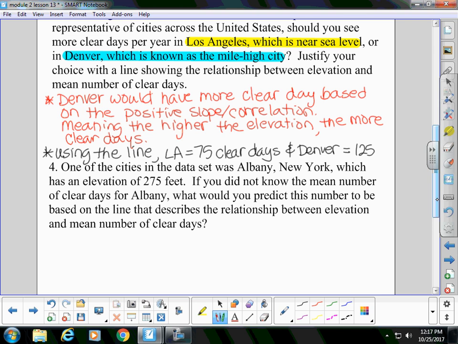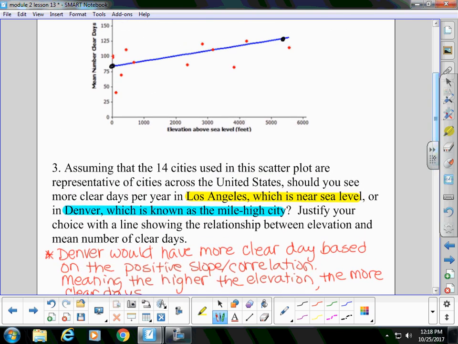What we want to do is approximate where 275 would be. So 500 would be in the middle, and 250 is approximately halfway to 500. So 275 is going to be a little bit past the 250 mark. I'm going to guess this point right here would maybe be Albany.